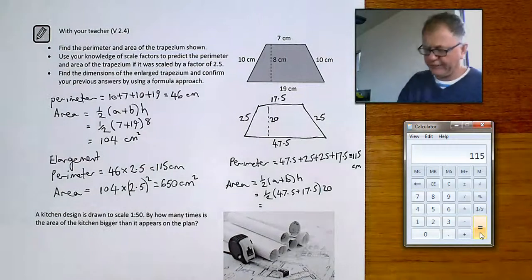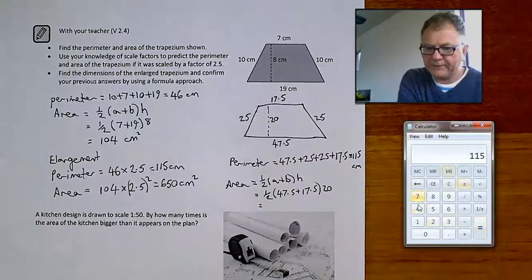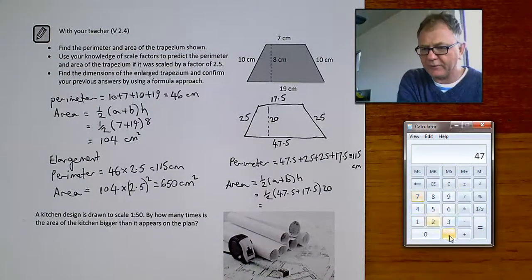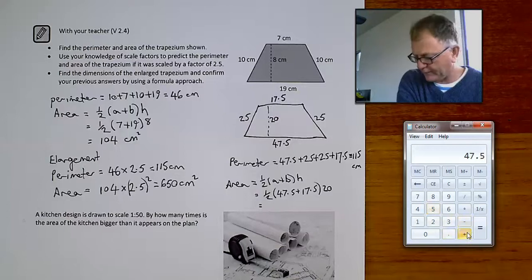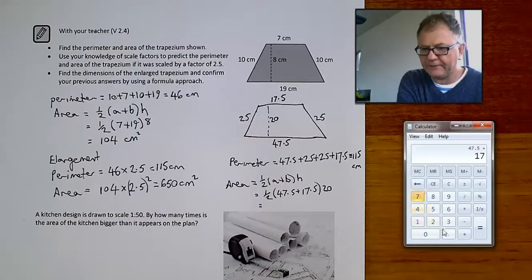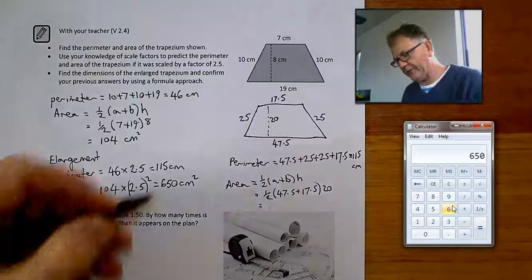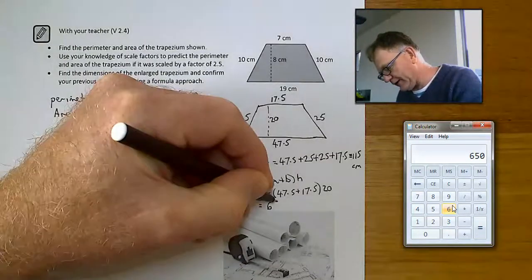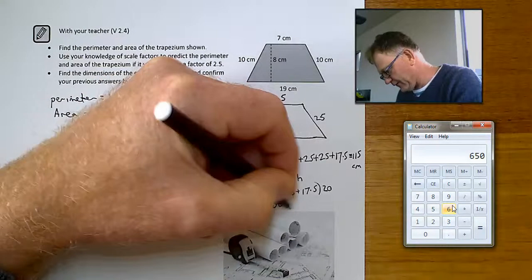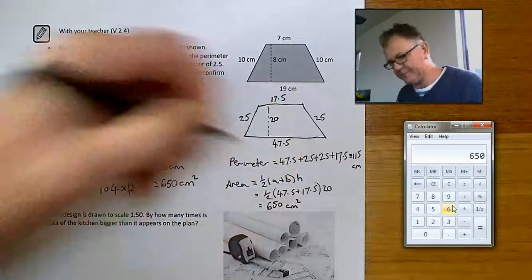If I do that on the calculator, brackets first, 47.5 plus 17.5 equals, then I want to times that by half, 0.5, and times it by 20, equals 650, exactly as we predicted using our knowledge of scale factors.